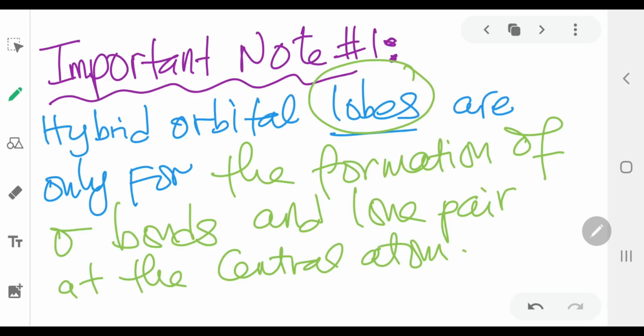Okay, sometimes you're going to have terminal atoms with hybridization, but that is a special case when you have multiple bonds, and when you get that kind of situation, you need to hybridize that one as well.